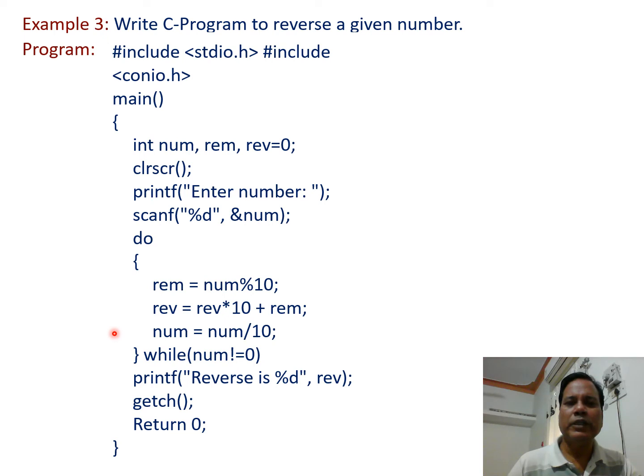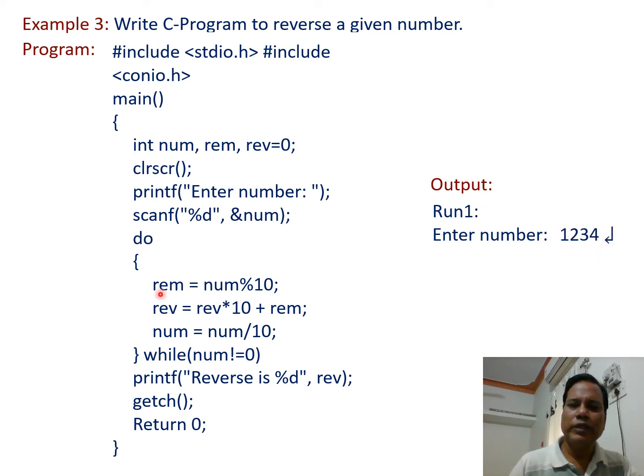So when this program is run, suppose the first time the user enters the number 1234, then using the do while loop, the first time when the body is executed, rem equal to num modulo 10.